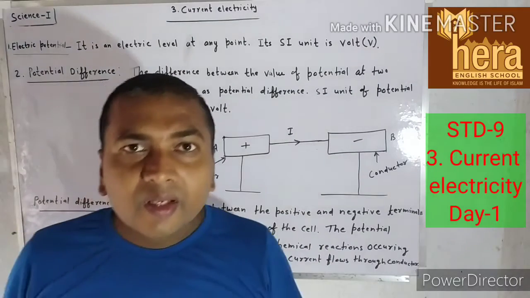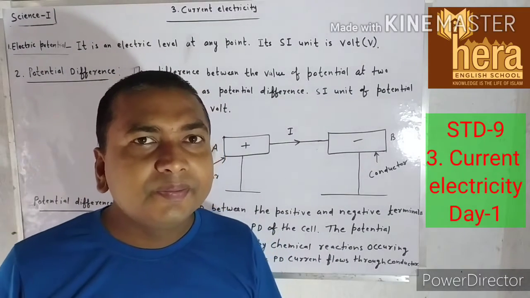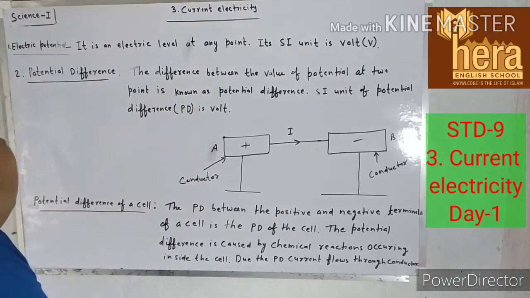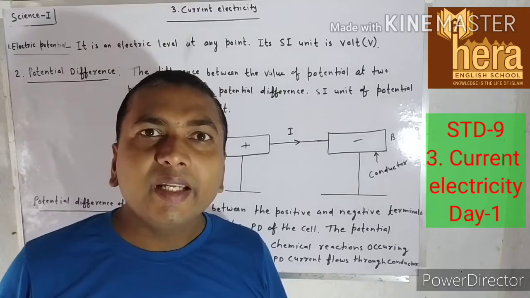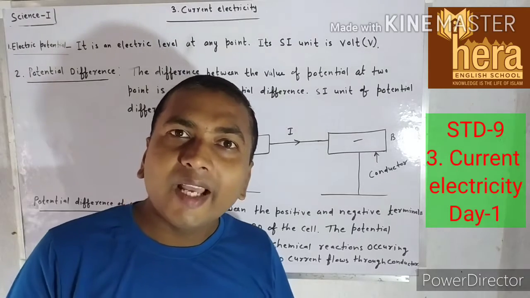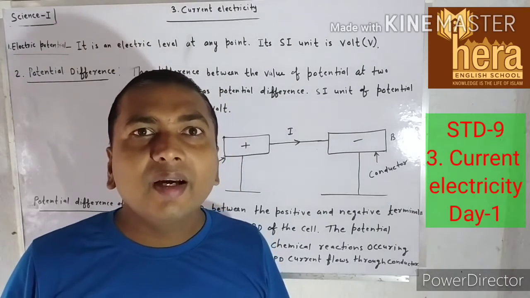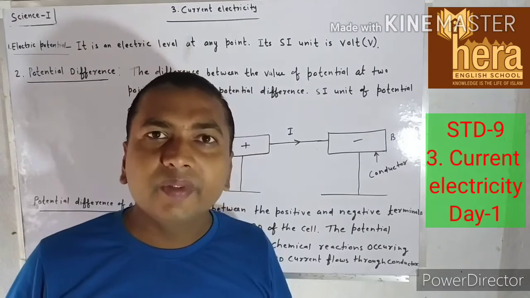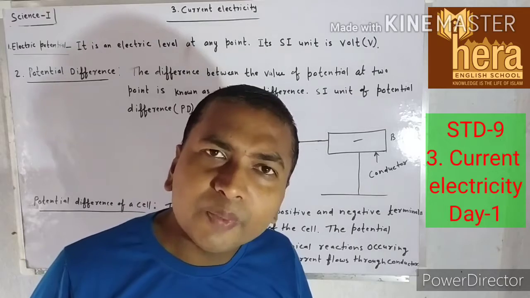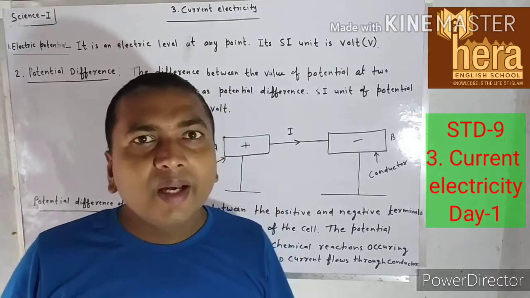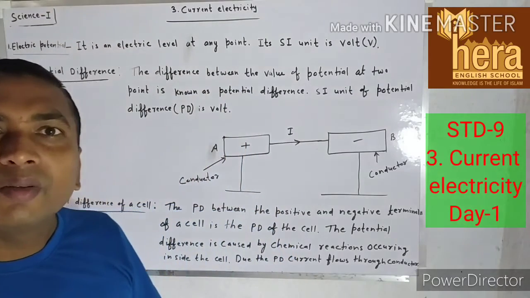So your next topic is electric potential. What is electric potential? Electric potential is the electric level at any point, and its SI unit is volt.